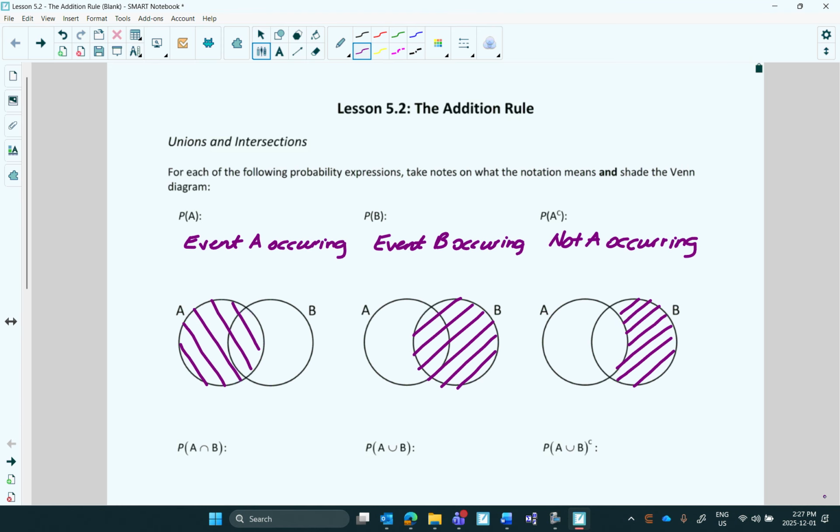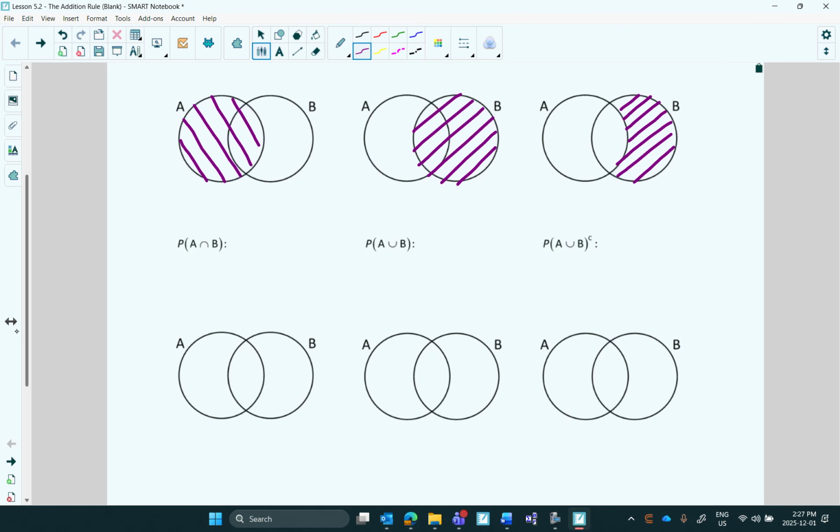All right, here's where we get into some notation. The upside down U, in set notation and in probability, means and.